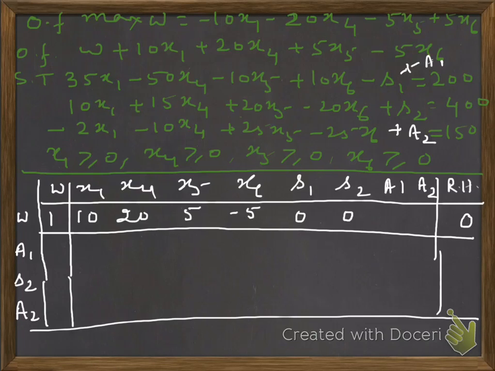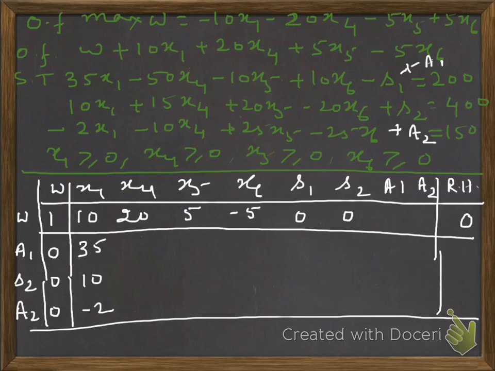Then in the A1 line, the coefficient of W is 0. In fact, if you do it quickly, you will find that the coefficient of W in all other lines is 0. In the same way for x1, taking it vertically, the coefficients are 35, 10, -2.